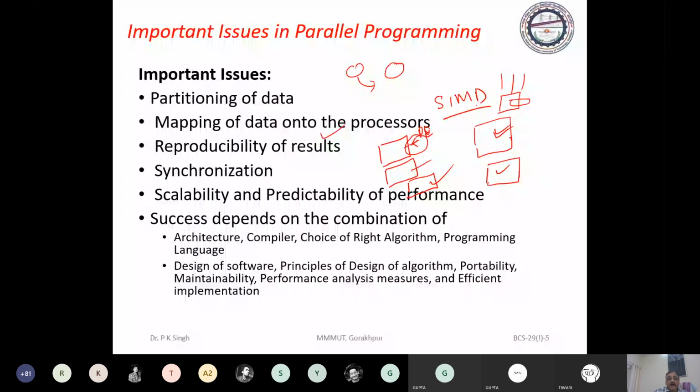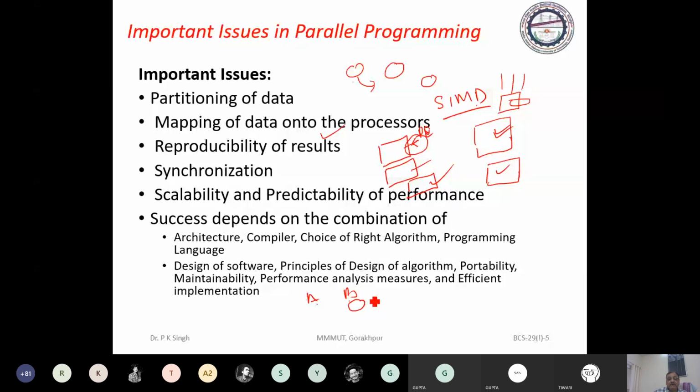Again, suppose you have machine A and machine B. Machine A needs partially computed data from machine B, but machine B has not produced it up to that instant. What will happen?